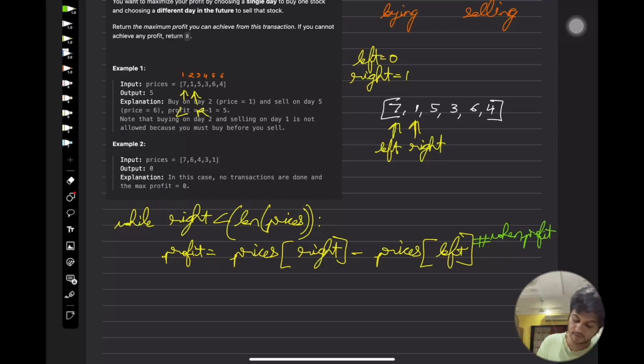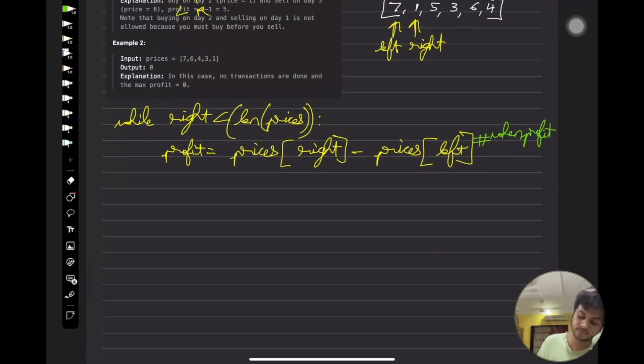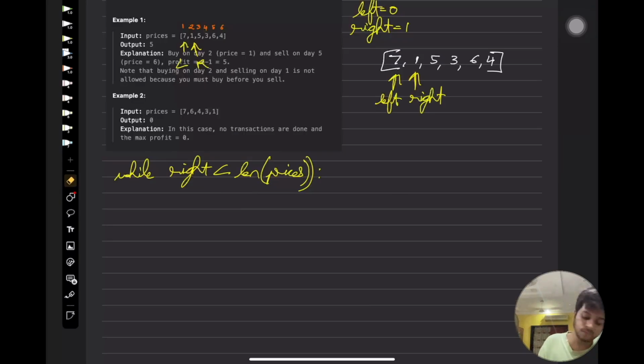And there is another case when there is no profit. So firstly, if there is a profit, we register the profit, right? So there are basically two conditions.